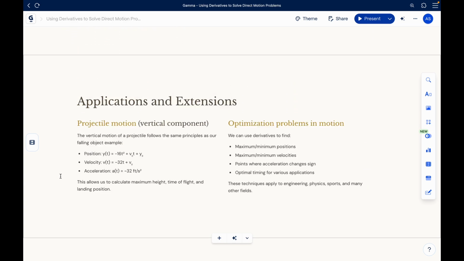A few extensions and applications include projectile motion, where we add a vertical position, as we covered earlier for the feet, or we could add even a vertical and a horizontal direction and calculate many more things like range of the projectile dependent on the angle, etc. Our next topic is optimization problems in motion, where we can find maximum and minimum positions, maximum and minimum velocities, and so on.